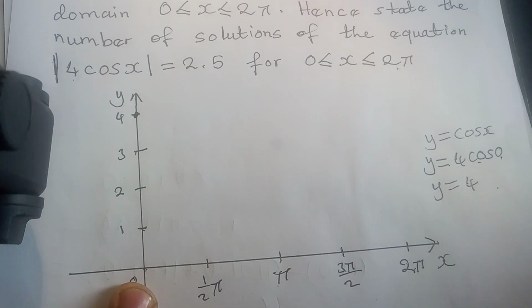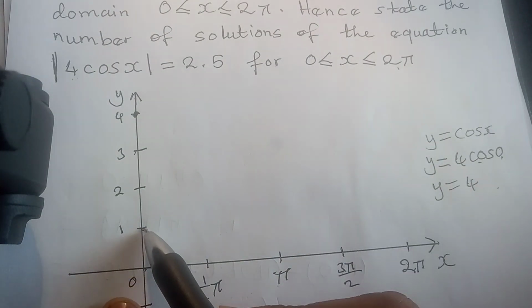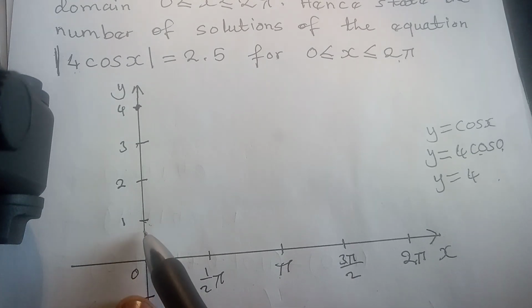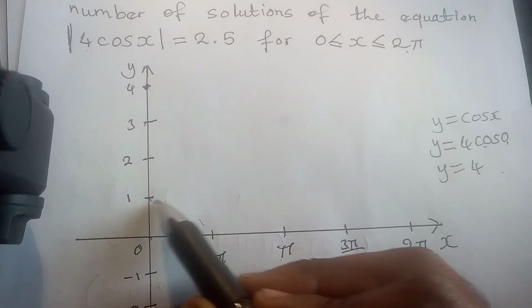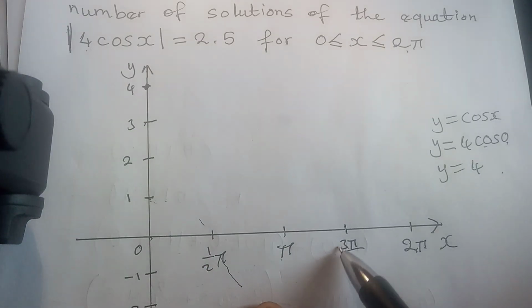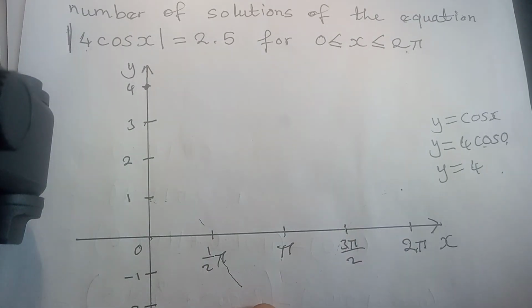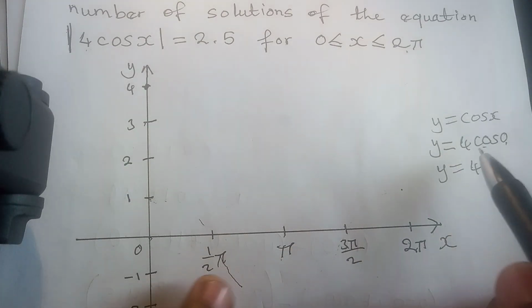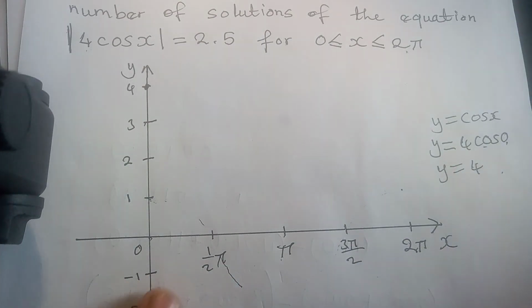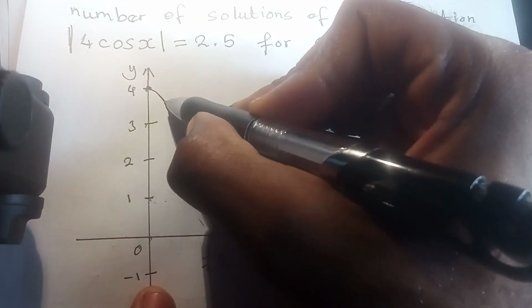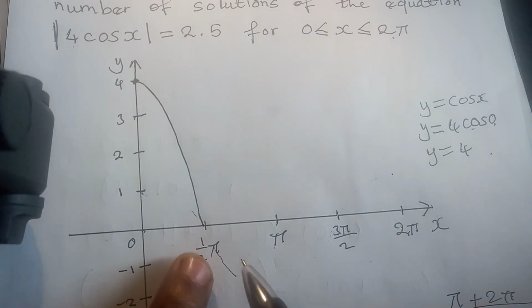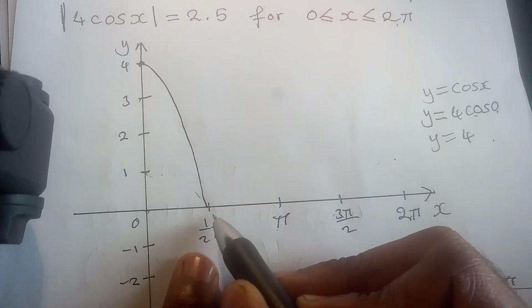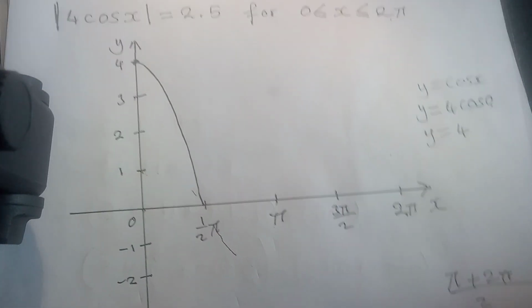And then remember that the cosine wave will look something like this. It will be something like this. So in a case where the amplitude is 4, you start from here, and then you still have to pass through this point, but I'm not going to draw whatever is down there.